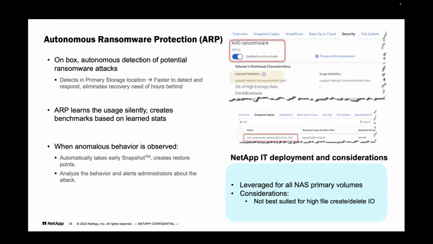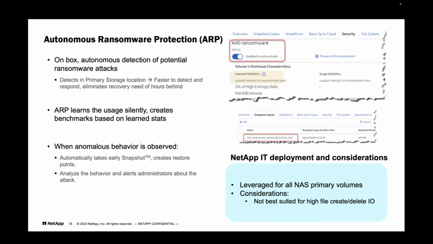That's a very good point. I forgot to call that out. ARP also takes a snapshot which cannot be easily deleted. But unlike the tamper-proof snapshots, you can ask ARP to mark the volume as a false positive attack, which means it'll go back and clear all the snapshots that were created by ARP.